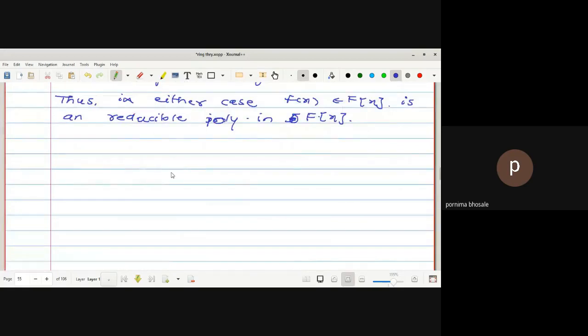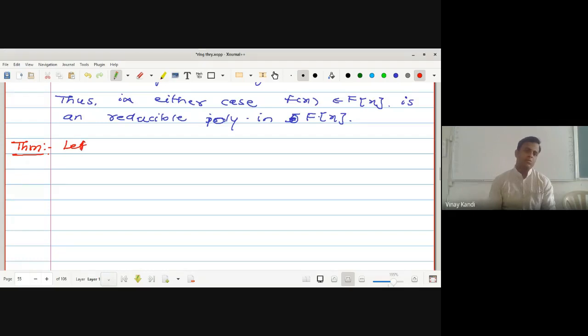Now the next theorem is: let f(x) belonging to F[x] be any polynomial of degree greater than 1.